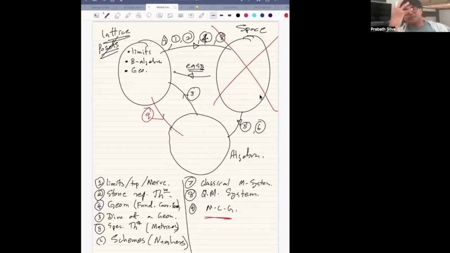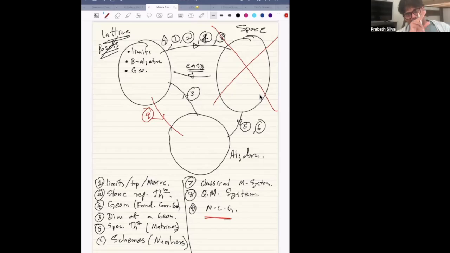Okay, so you take our intuitive ideas from space and you move them to the lattice side from the very beginning. Okay, so you make everybody comfortable with the lattice side, and then later on I'll drop the space.